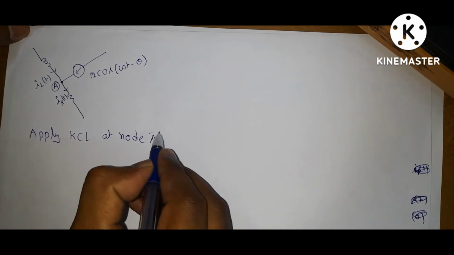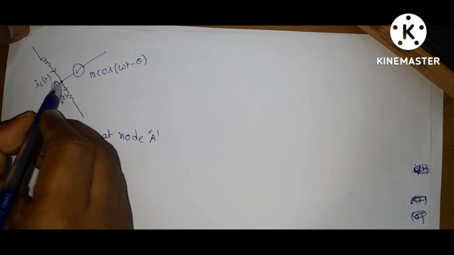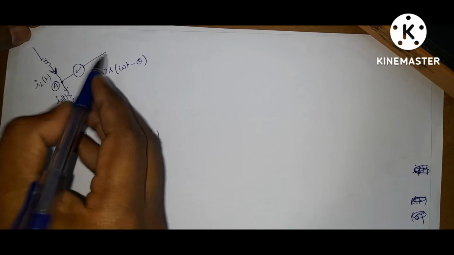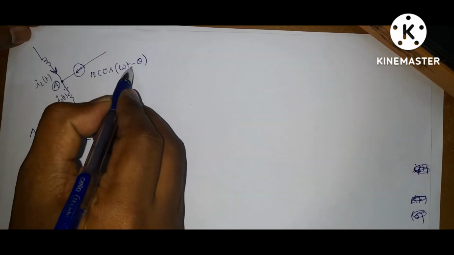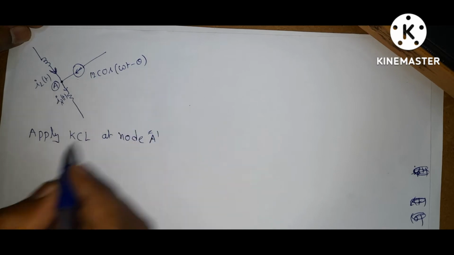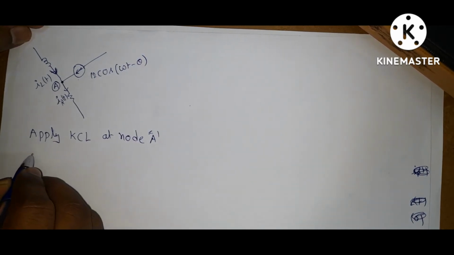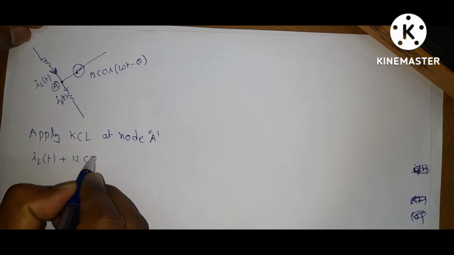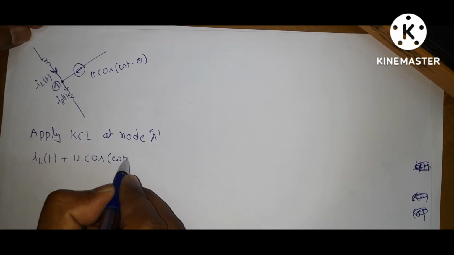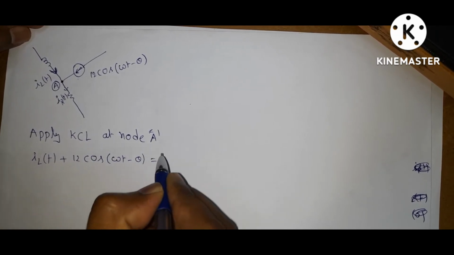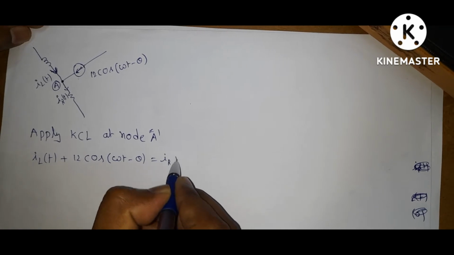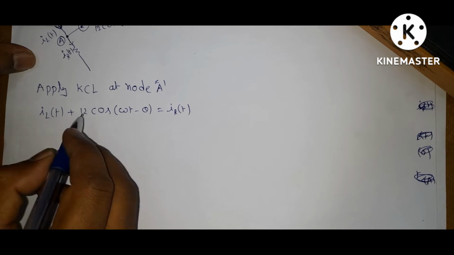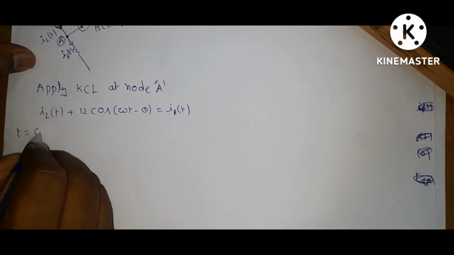What we get? So entering currents are, this is IL of t, this is one entering current, and source current 12 cos omega t minus theta is another current. So IL of t plus 12 into cos omega t minus theta is equal to IR of t. Now substitute t is equal to 0.